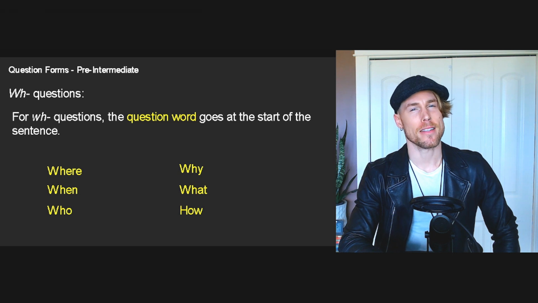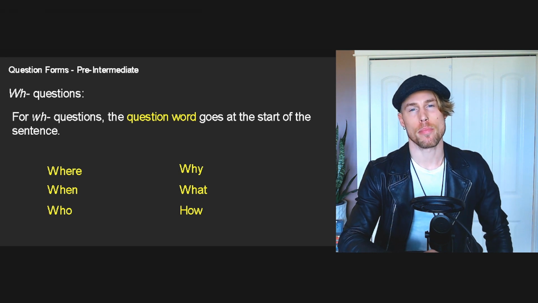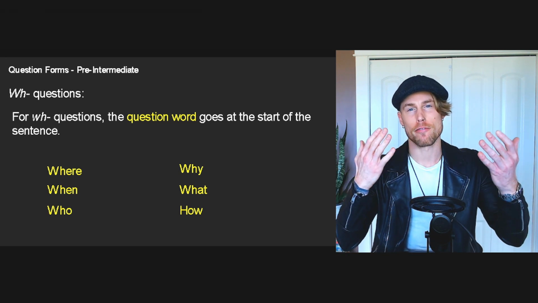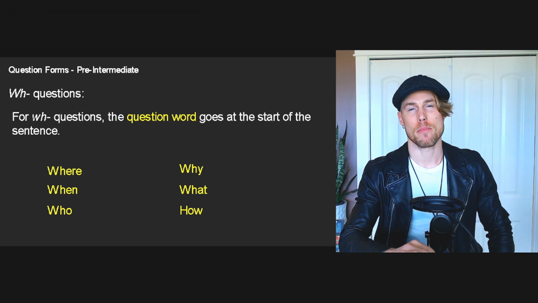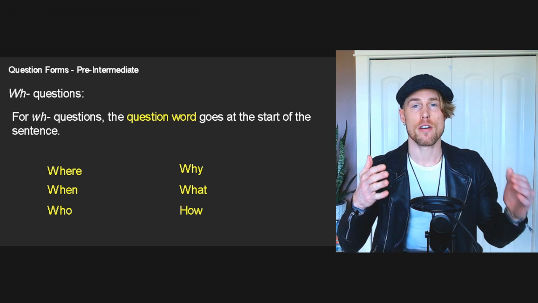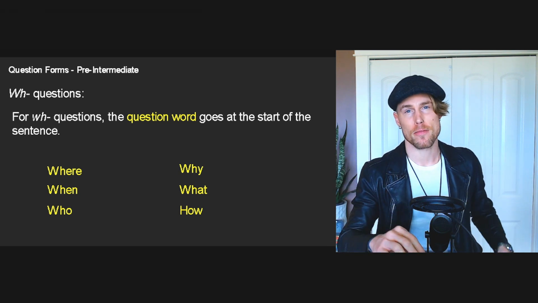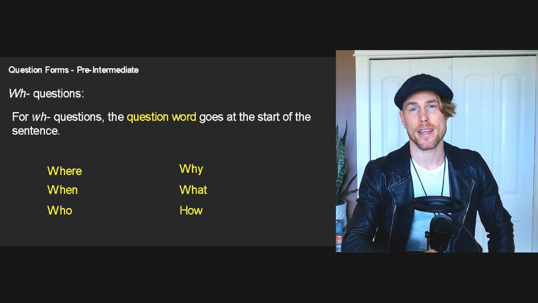How is not a WH question. It begins with H, but we put how in the group of WH questions because the purpose of the question or the function of the question is very similar to the other WH questions.